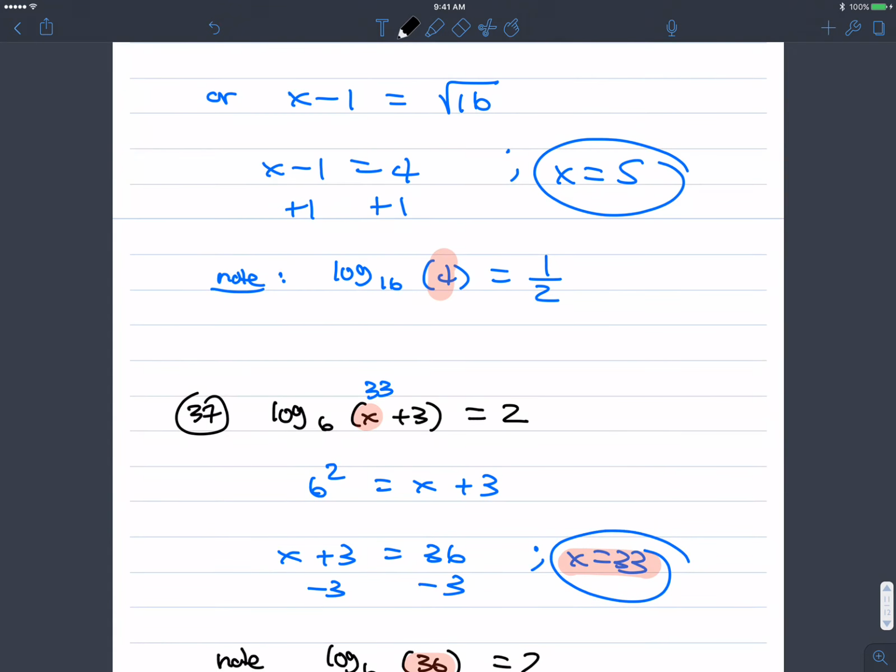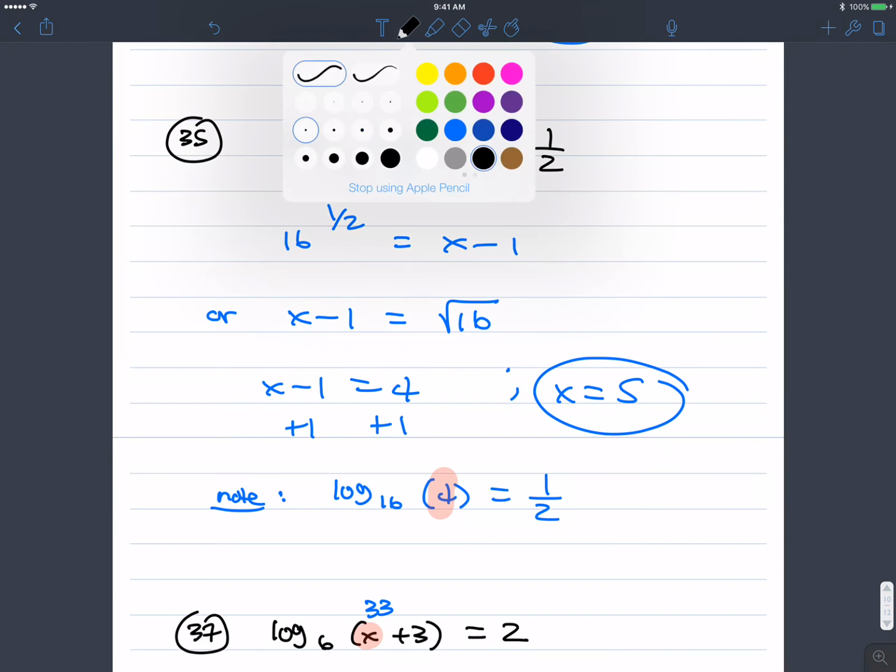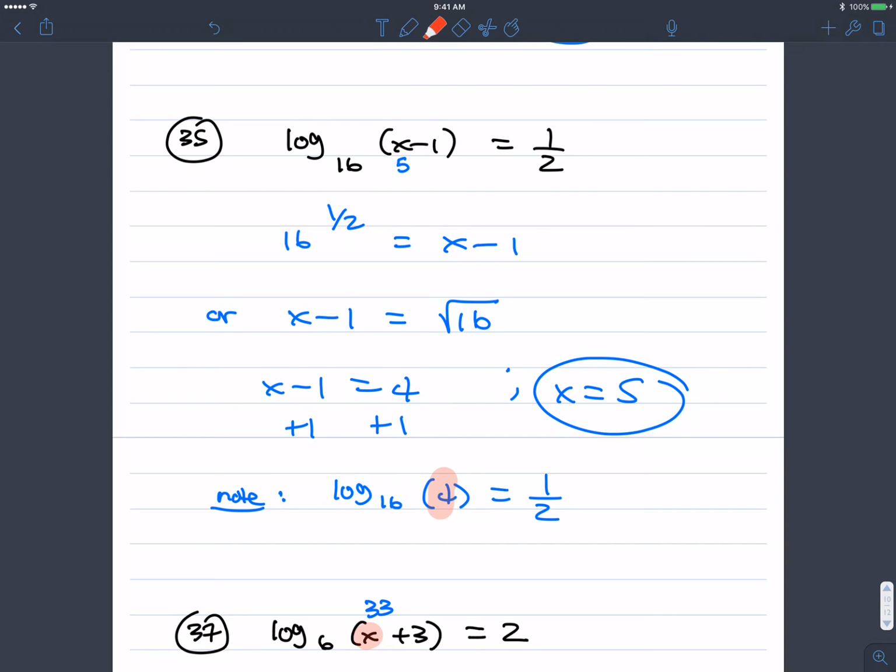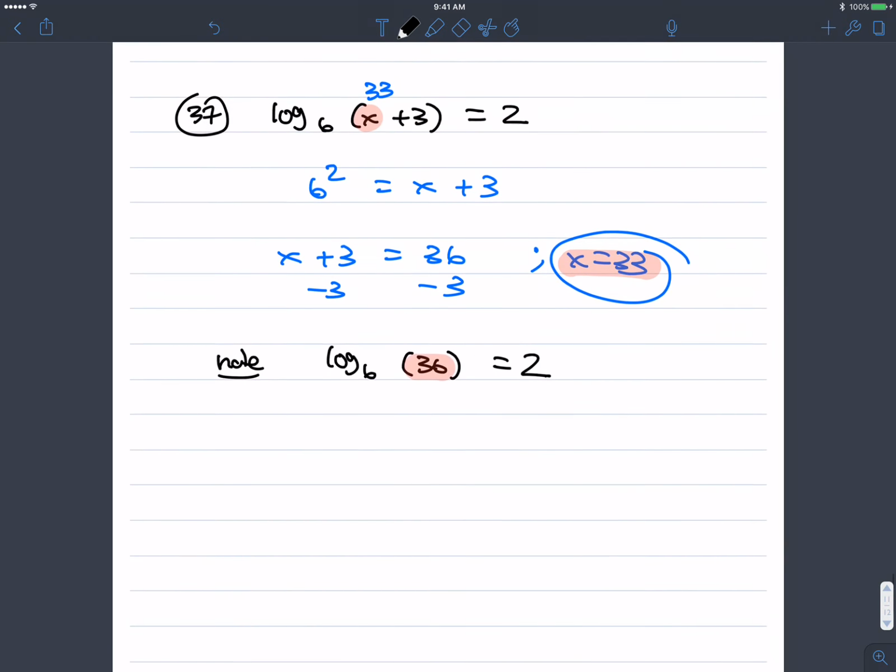Okay, back here, x being 5. If I plug that back in here, 5 minus 1 is 4. It's positive. We have a solution. And that's number 37.